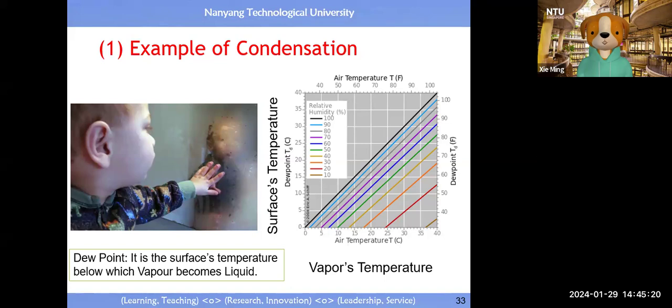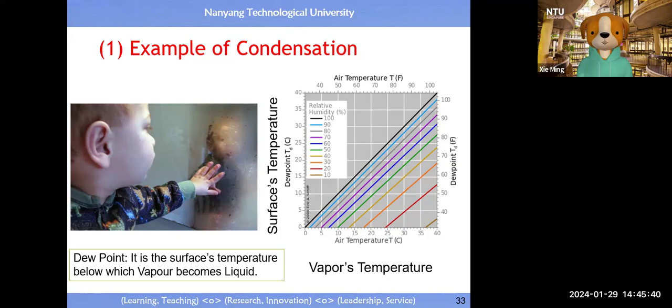That is the phenomenon of condensation. Condensation means if the temperature of the surface is below the dew point, then the water in air will make a transition from gas into liquid state, right?